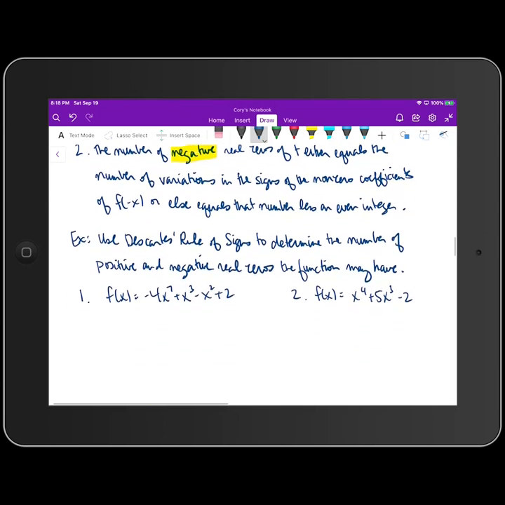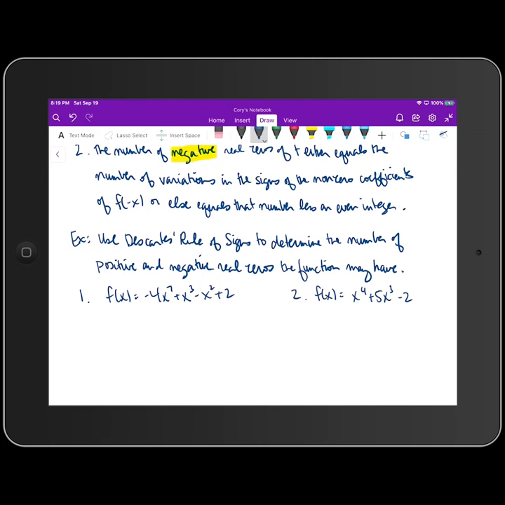Okay, so we're going to do two examples really quick with Descartes' rule of signs. The directions say to use Descartes' rule of signs to determine the number of positive and negative real zeros the function may have.